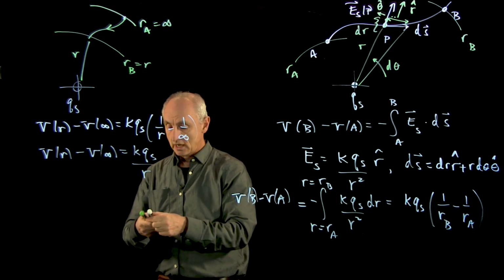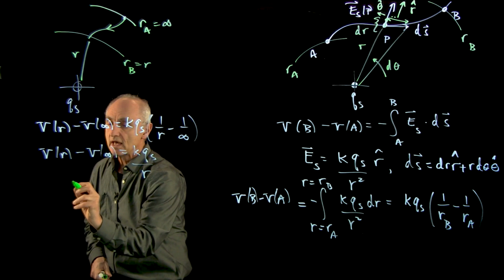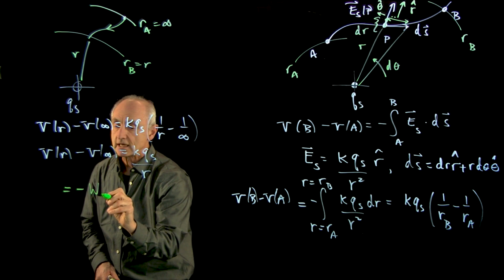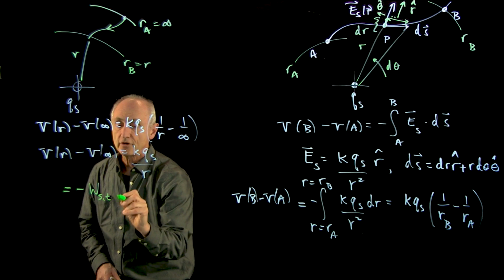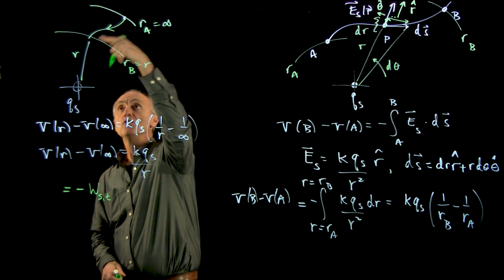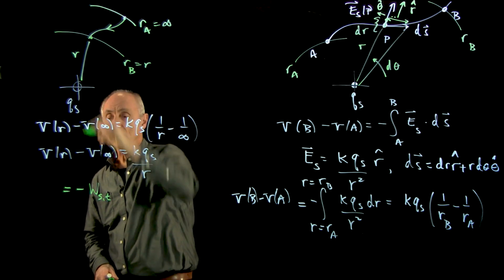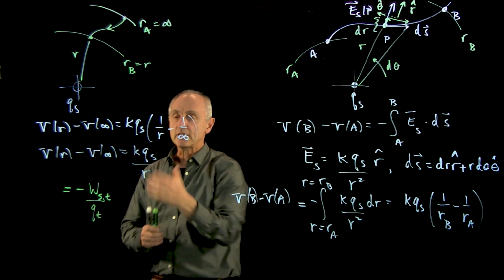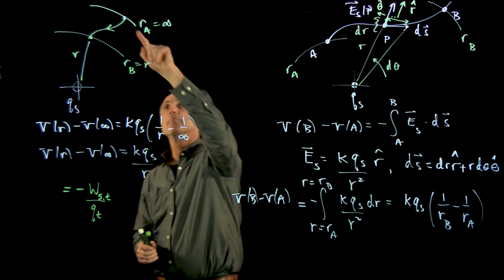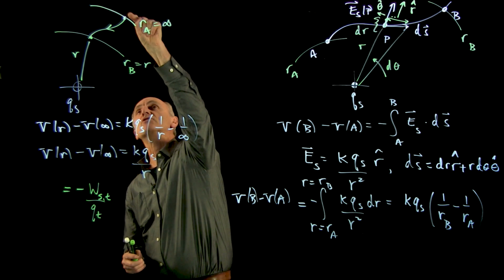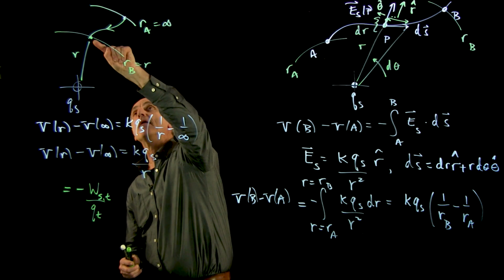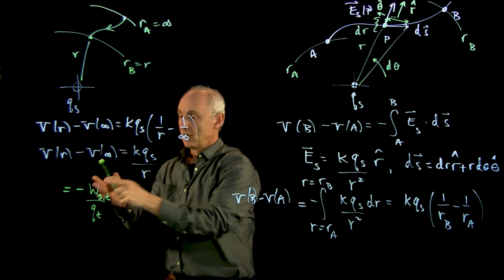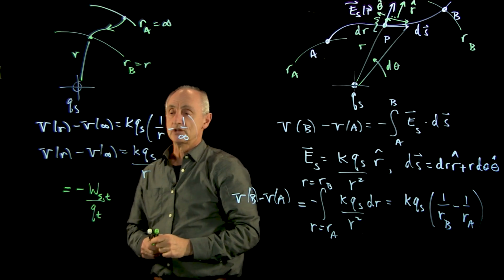In words, remember, this is the negative of the work done in taking a test charge from infinity to a distance r away, divided by the test charge. And so we can say that this quantity is minus the electrical work if we started a test charge at infinity and brought it to a distance r away from our original source, minus that work divided by the test charge.